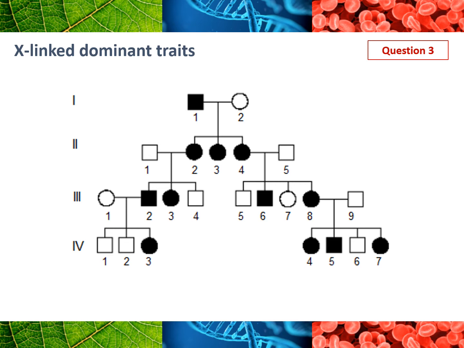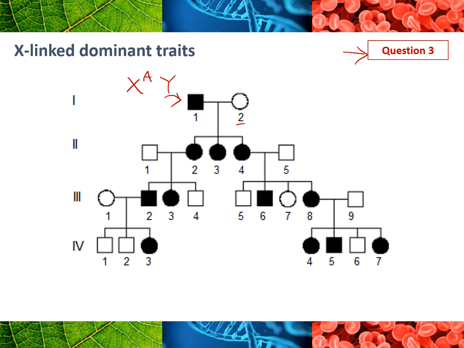I've put this example in for question 3. I just want you to work through it in pieces. You will obviously have to assign, I think we use the allele A for this one, so it's a dominant pattern. So for example, this is a male here, so he would have the dominant A allele because he is affected, and the Y allele.